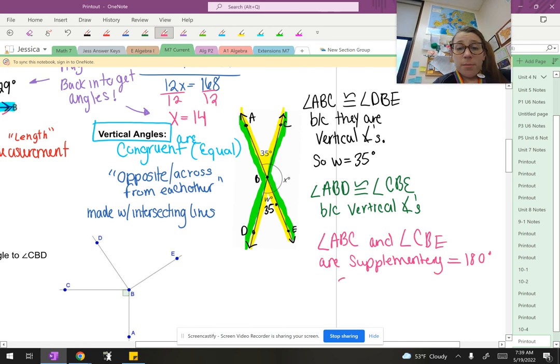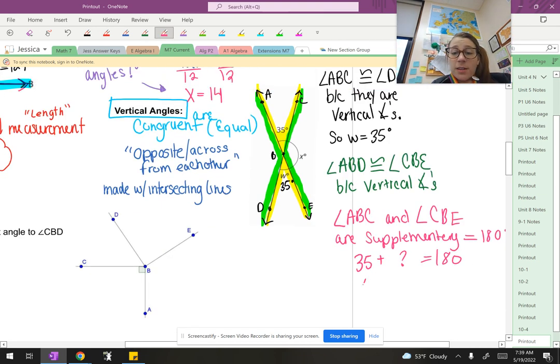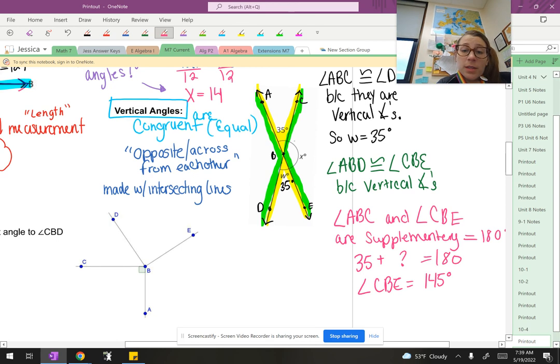So if one of them is 35, plus what equals 180? Well, I don't want to do it in my brain. So 145. Meaning that angle CBE is 145 degrees, making this x 145 degrees. Therefore, making this one also 145 degrees.